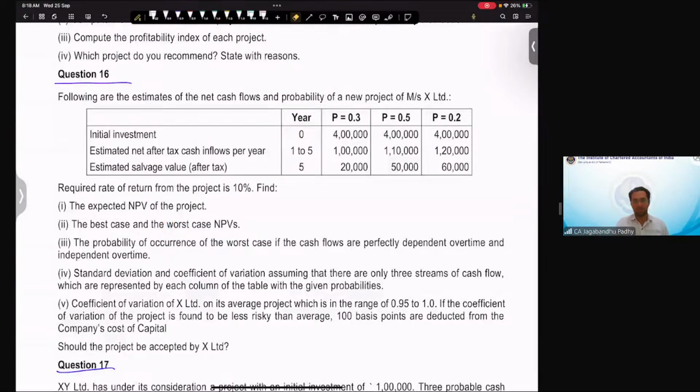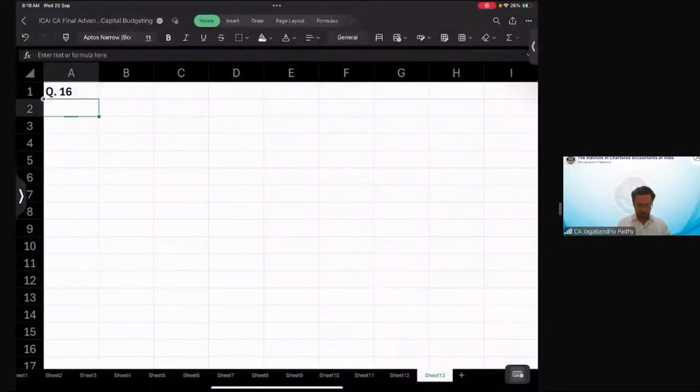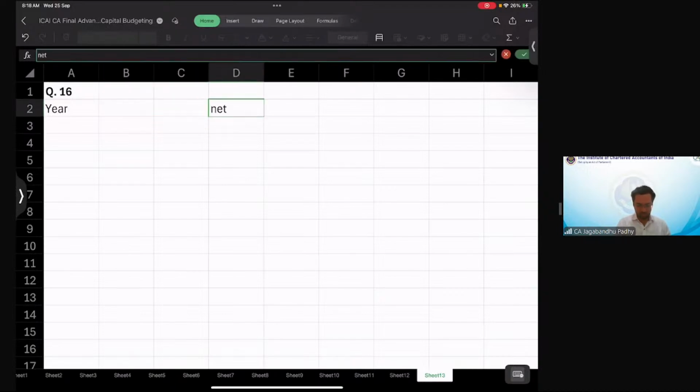So for that, I need to first get the expected cash flows for each of the years. Rather, expected cash flow for each of the cash flow streams. Let me write down the year. Then we'll have some sort of calculation. We'll say net cash flows.